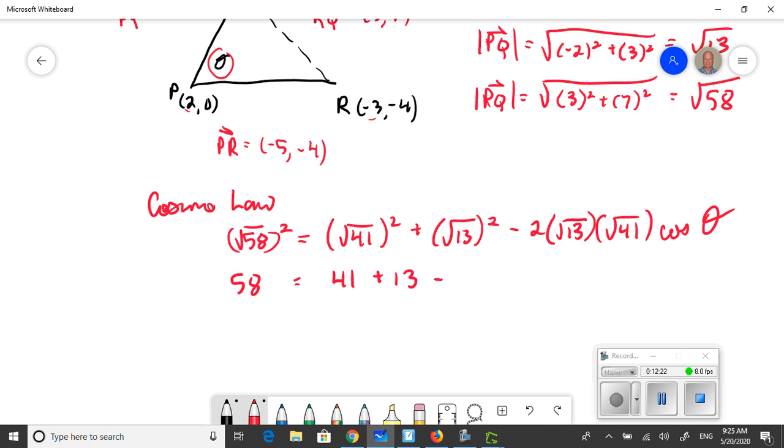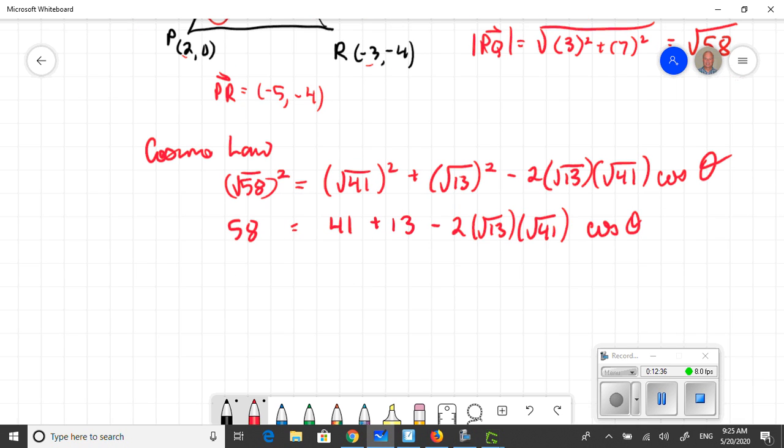Okay. Actually, I'm just going to leave the expression. I don't have my calculator with me quite yet. Okay, so I'm going to isolate and solve for cos theta and then do all the mathematical work on my calculator.